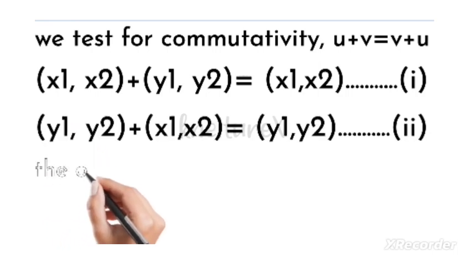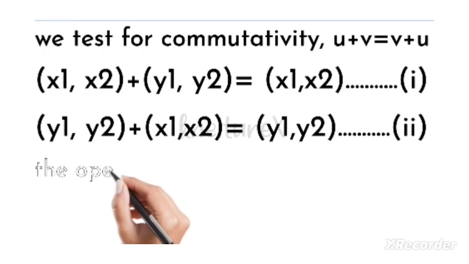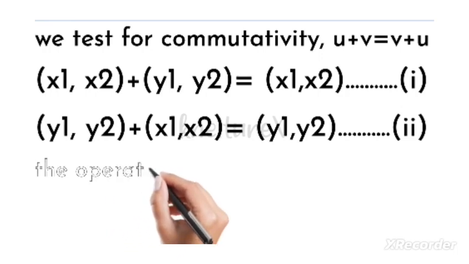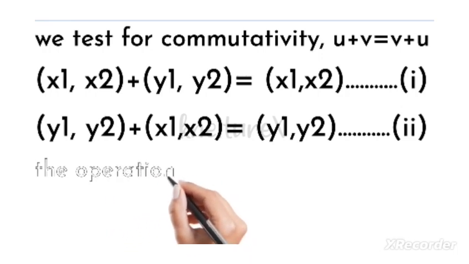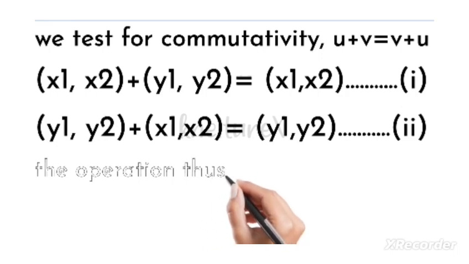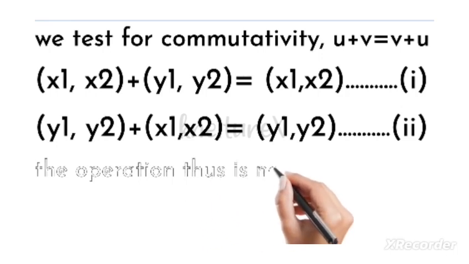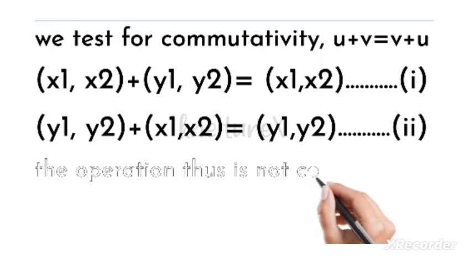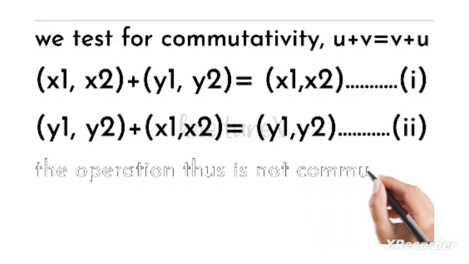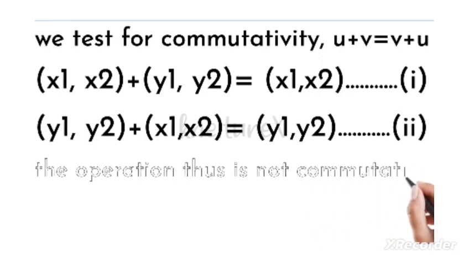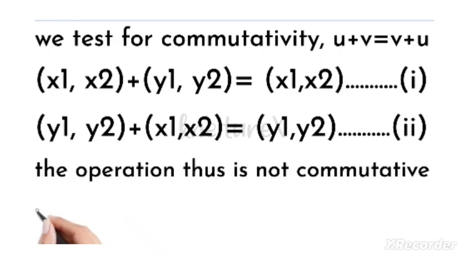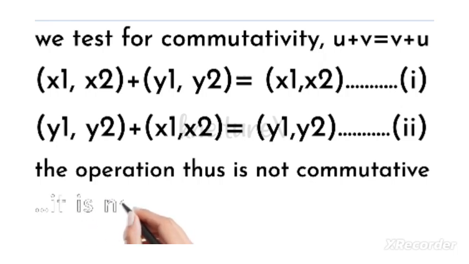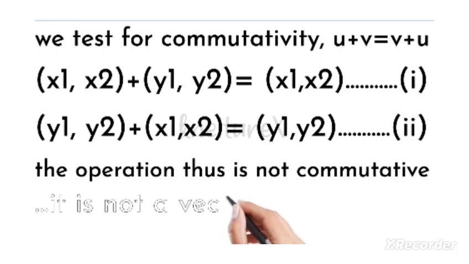So you will notice that this operation is not commutative, because when (y1, y2) is added with (x1, x2), it yields back the first vector given, which is (y1, y2), but it's not so for equation 1. So you can see that this operation is not commutative. That is, u plus v is not equal to v plus u in the operation given to us. So since it's not commutative, you can see that it is not a vector space. It is not a vector space.